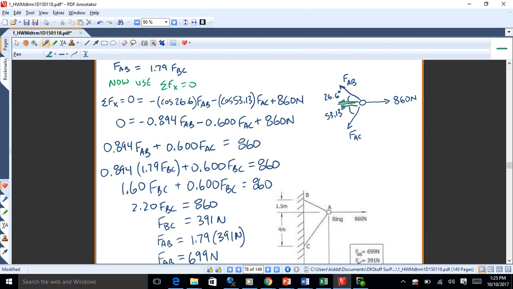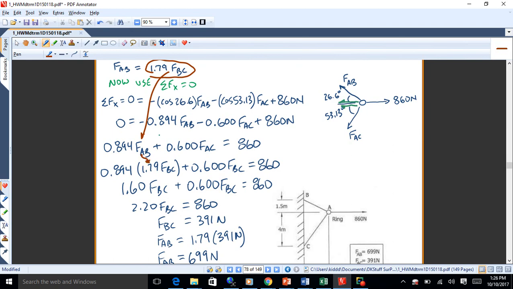So I can go ahead and manipulate that algebraically. Then I can pull the unknowns to the left-hand side of the equation. So 0.894 FAB plus 0.6 FAC is 860. And then what I know here is that FAB is 1.79 times FBC. So I can take that and I can plug it in right there, like so, okay?